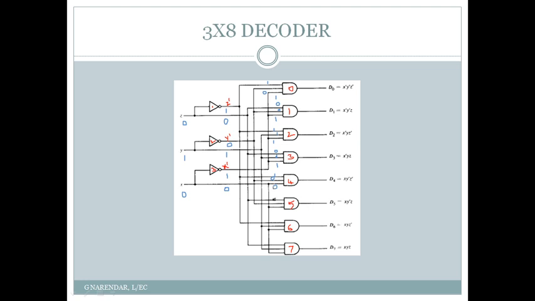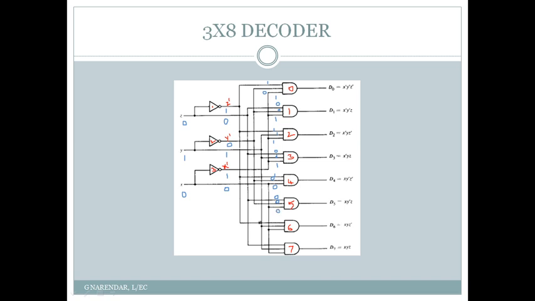And for the fifth, the inputs are z equal to 0, y bar equal to 0, and x equal to 0. And for the sixth, z bar equals 1, y equals 1, and x equals 0.